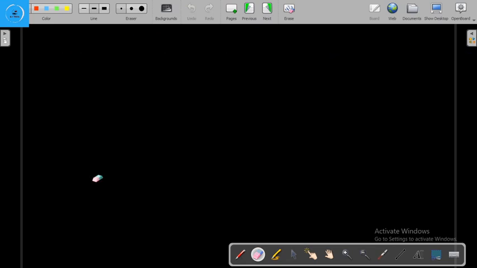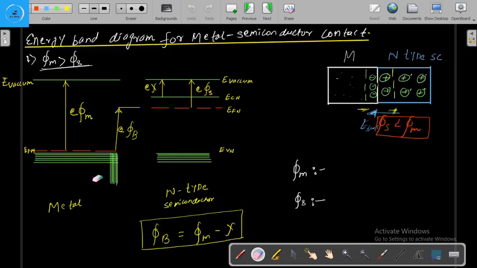So we have seen here the contact between the metal and the semiconductor.